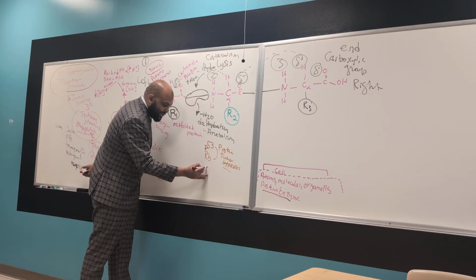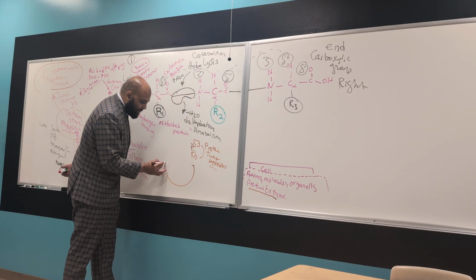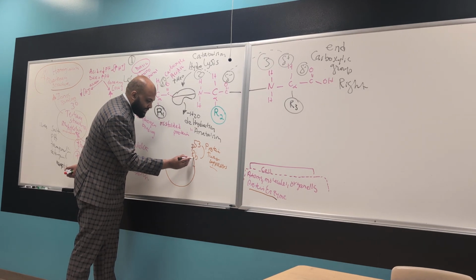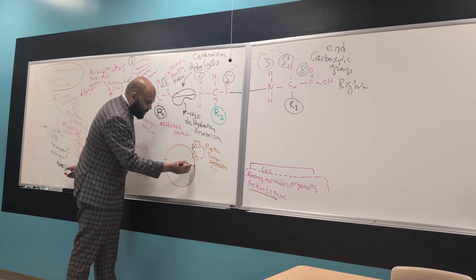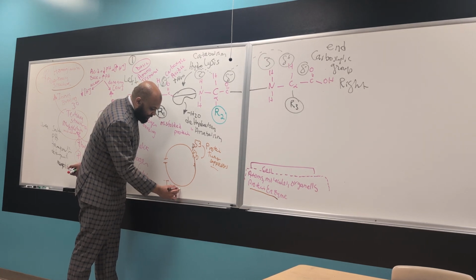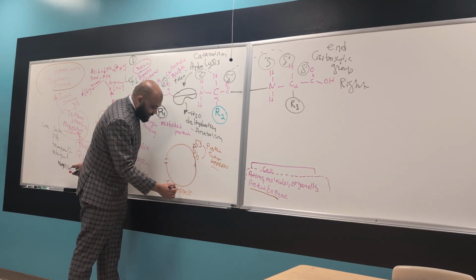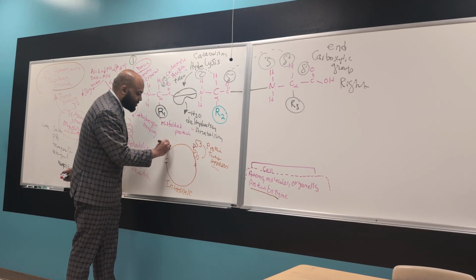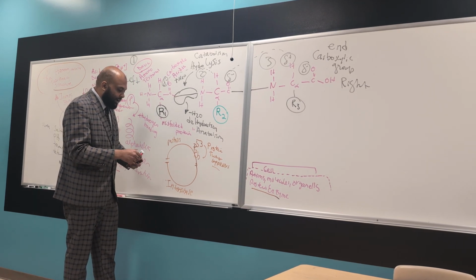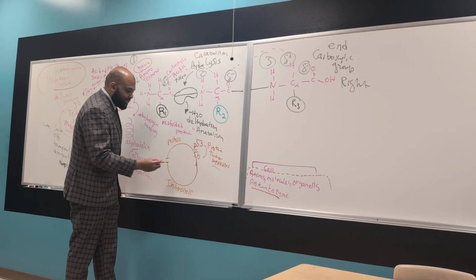We said that the cell cycle is primarily two big phases that are divided into multiple phases. The two big phases are, first of all, interphase, and mitosis.